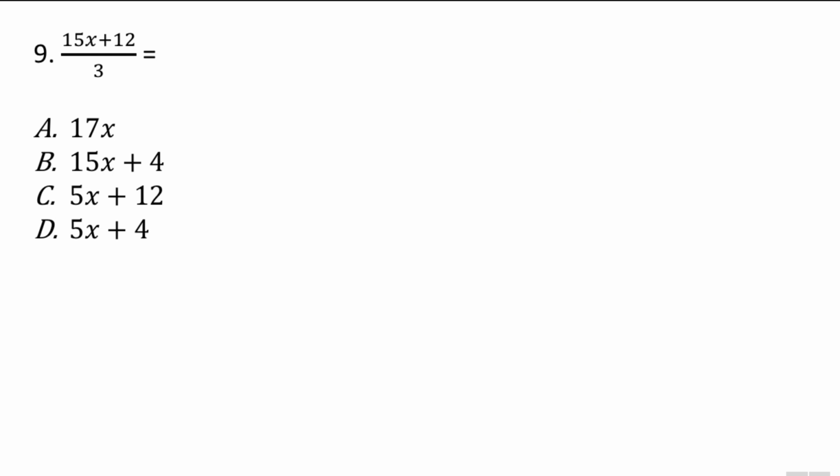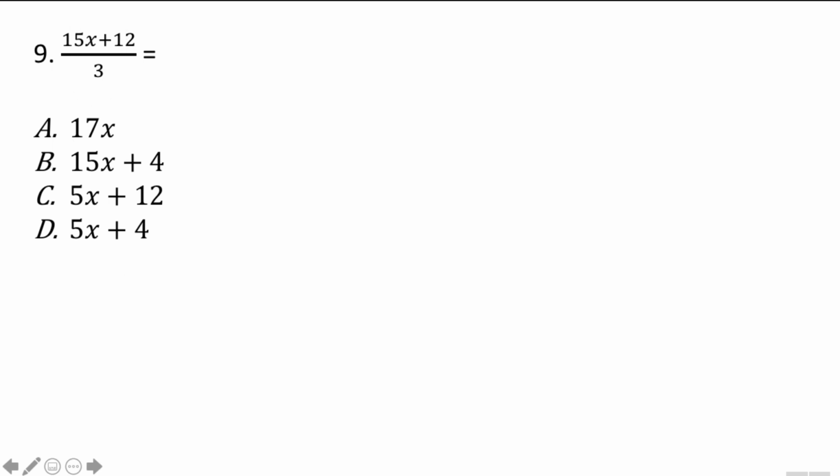Let's now have a look at question 9, guys. This one is like my favorite, guys, because it's like a trick question, and I really don't want you to make that mistake in the exam. So stay really focused for this one, okay? That 3 in the denominator here, guys, be very careful. This 3 is a common denominator for both the 15x as well as the 12.